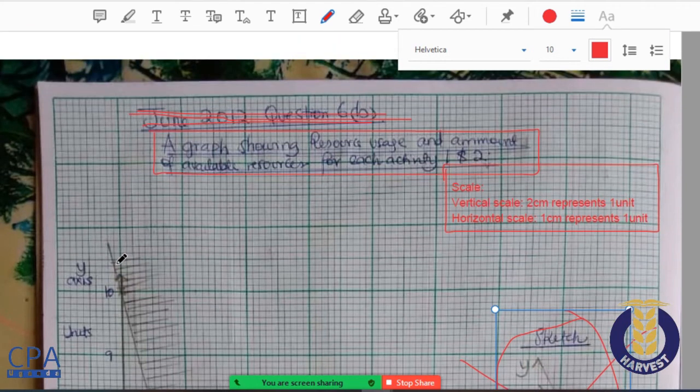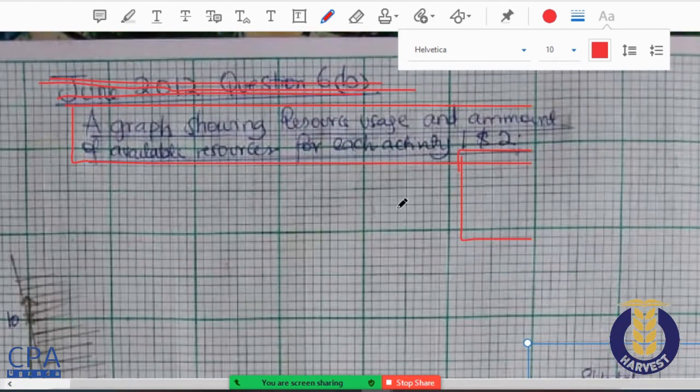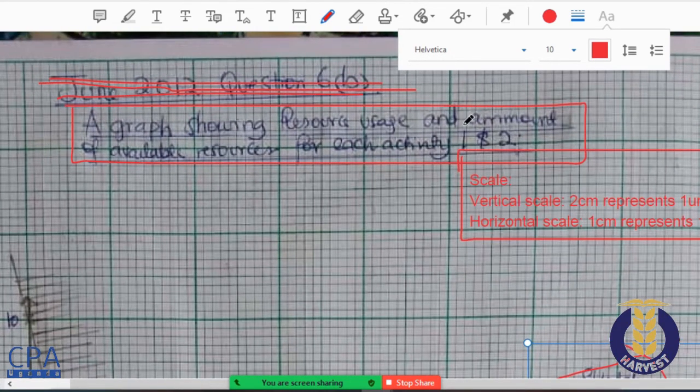They will see everything. So ensure that the title is there, and any title can do. For example, let us read through. He's saying a graph showing resource usage and amount available for each activity 1 and 2. Perfect. Very nice title. This title picks all the marks allocated for the title. Of course, I'm saying any title can work. Don't put a funny title.